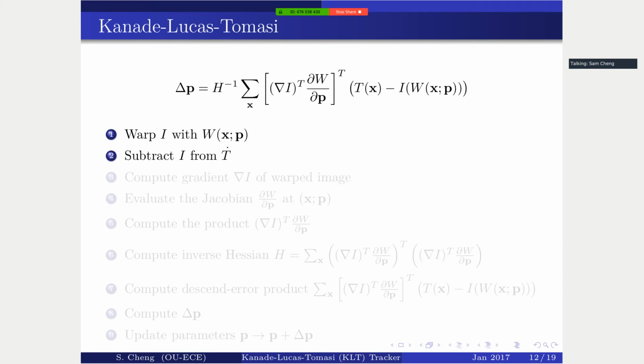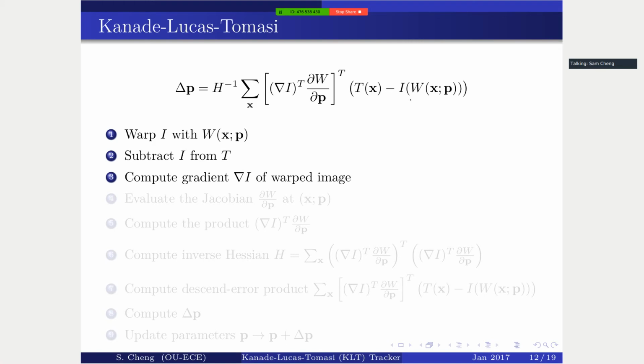Then after that, we try to compute this delta P here. If I try to compute delta P, I need to go through a number of procedures. I should subtract this template, which is fixed, from I, the warped image there. And then I should compute the gradient of I, the image there.